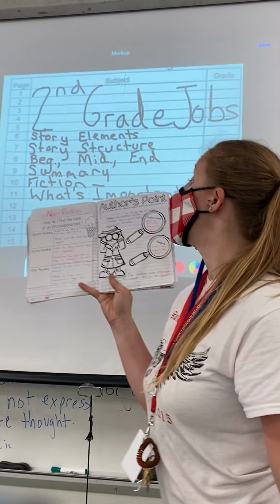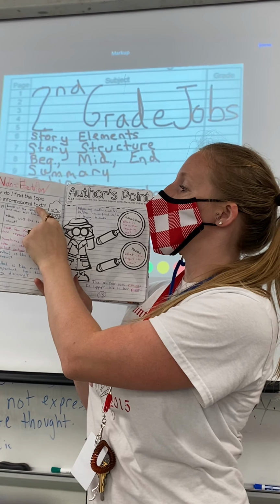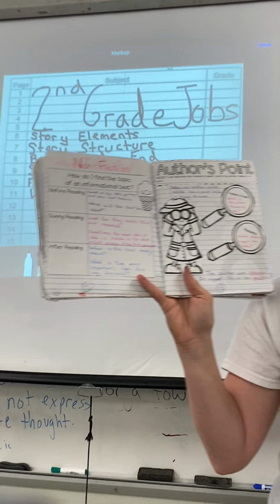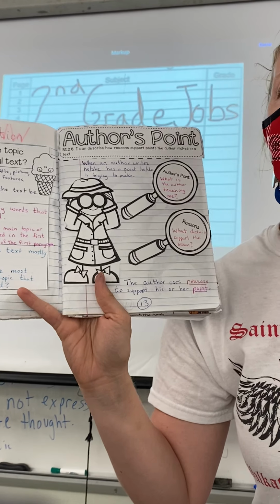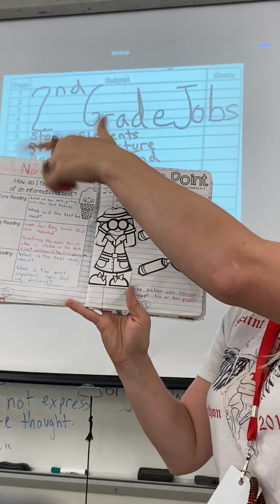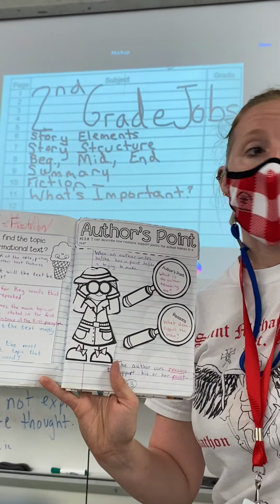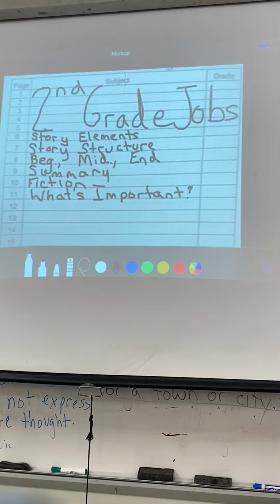All right. Next, you should see on the top, it says, how do I find the topic of an informational text? Or nonfiction is what I had you write on top. And some of you might have author's point on the opposite first page. So if you did that, you just flip-flop them. For me, my 12 is nonfiction, and then our other page is author's point.